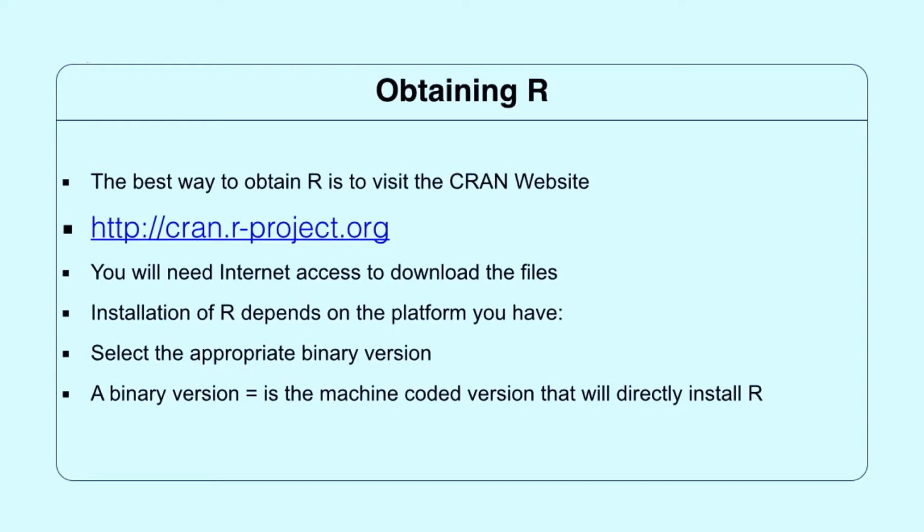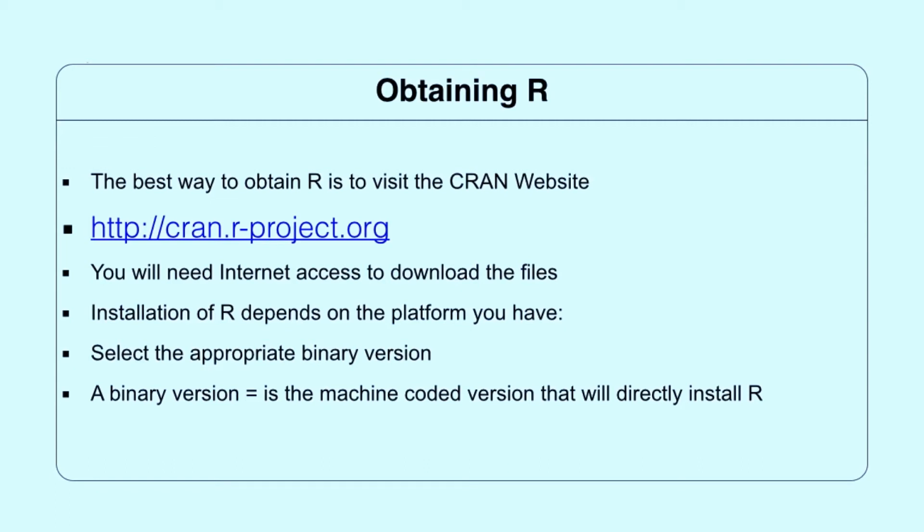Now, what is a binary version? Many people have many different kinds of operating systems, so it is not possible for the R developers to know in advance, and the R developers, of course, have provided for each of these different platforms. Some people use the Windows operating system. That is known as a platform. Other people use, for example, a Macintosh operating system, or OS X, which is what this particular lecture is being developed on.